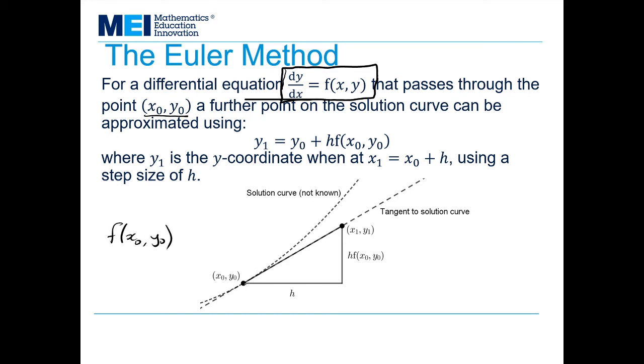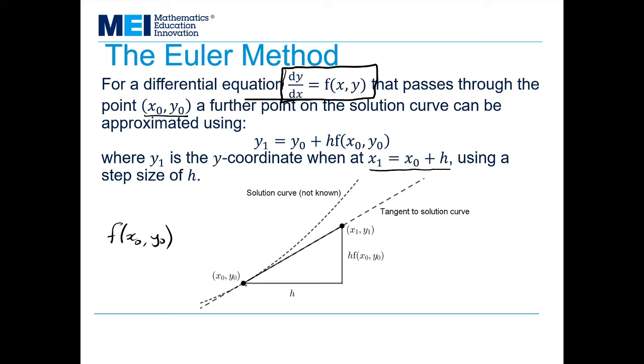So we consider a small step h along, and then we know that because the gradient is f of x0, y0, the y step upwards must be h times f of x0, y0. So to get our new point x1, y1, we take that x1 is x0 plus h, and then y1 is y0 plus h times f of x0, y0.